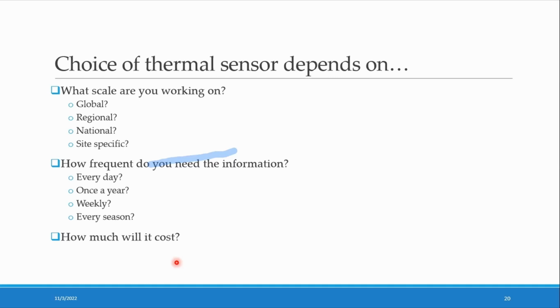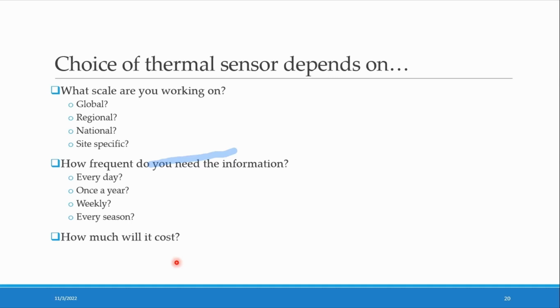The second thing that you will consider when you're choosing the thermal sensor used in your application is how frequent you need the data. Do you actually need to analyze satellite images on a daily basis? Over a fortnight? Weekly? Seasonal? What time frame or what frequency are you looking at? And this takes us to the temporal resolution.